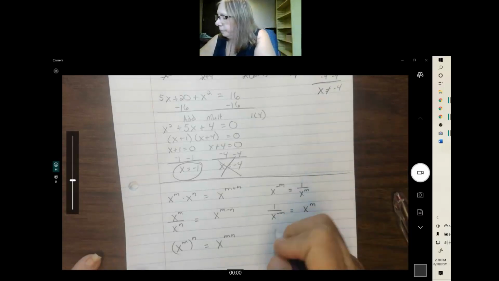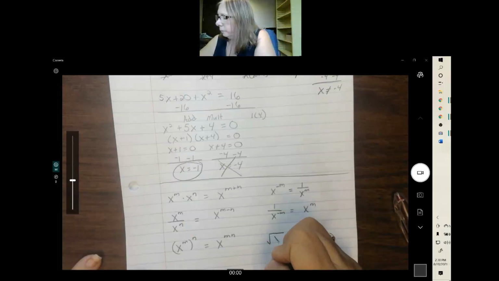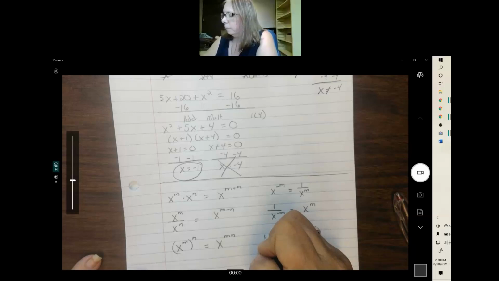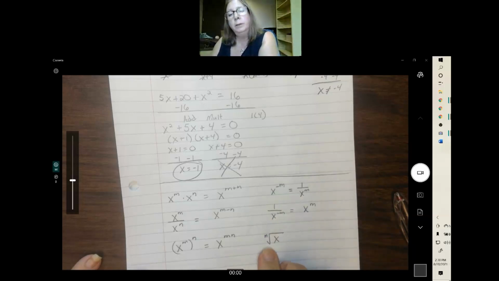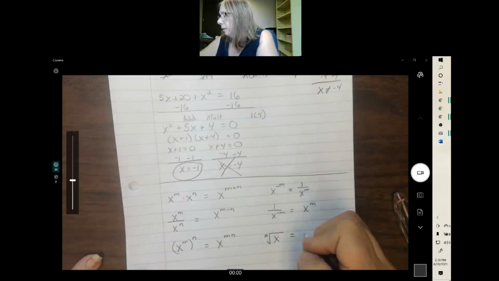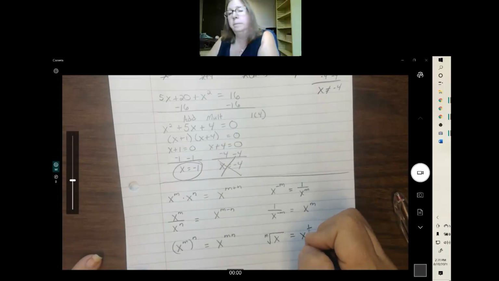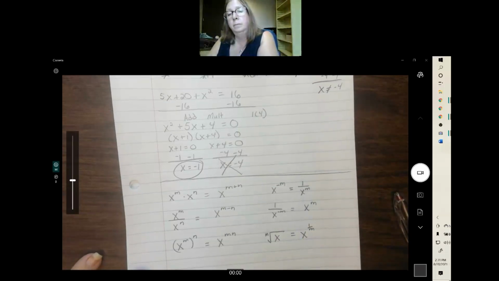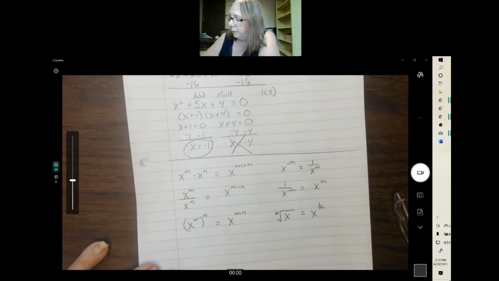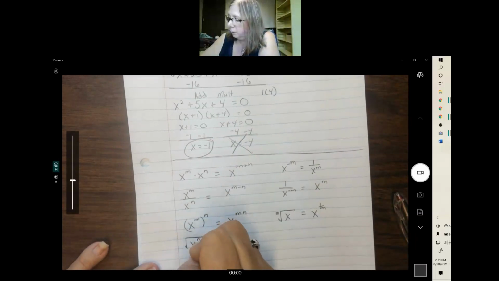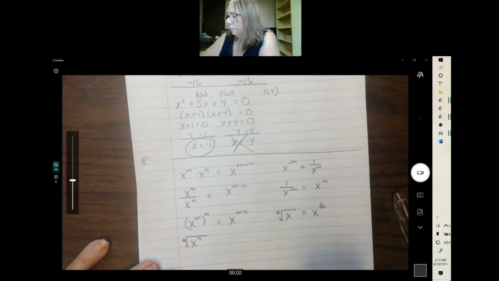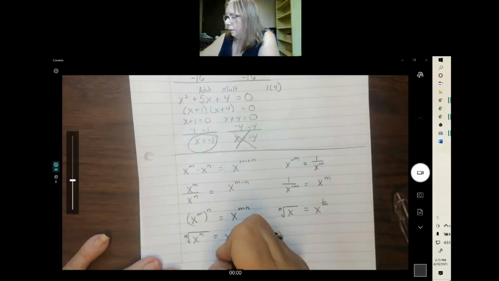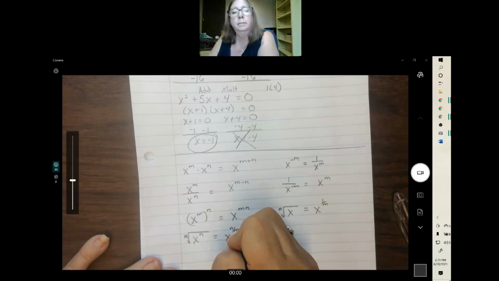Square root. When you have a root, it is a fractional part of an exponent. So this would be x to the 1 over m. Or if we had it would be x to the n over m.